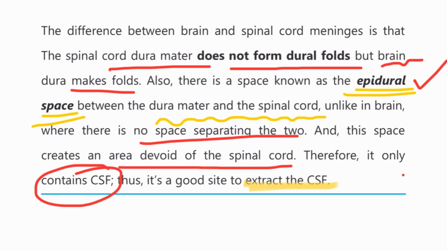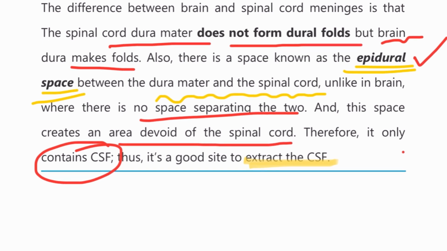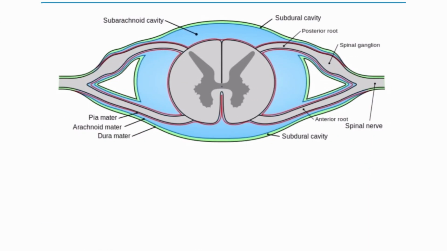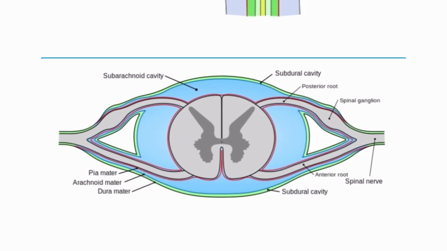This space creates an area of no spinal cord, and there is only CSF, and this is the reason we can extract CSF.